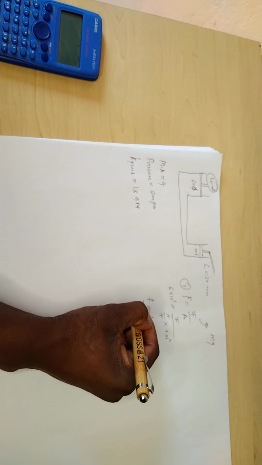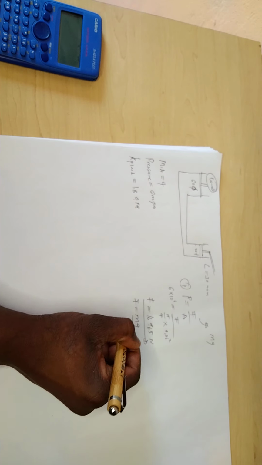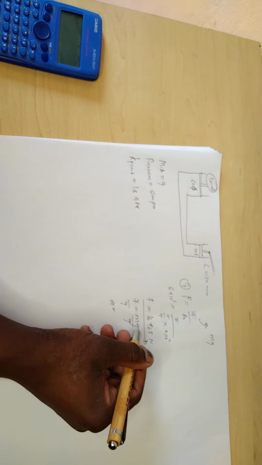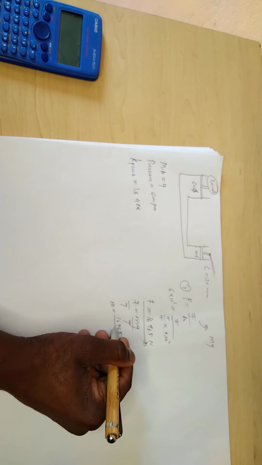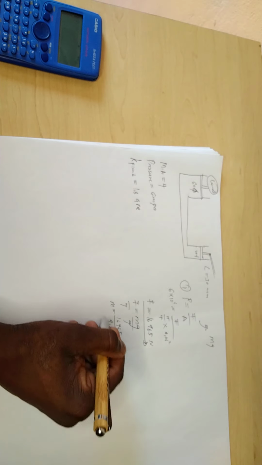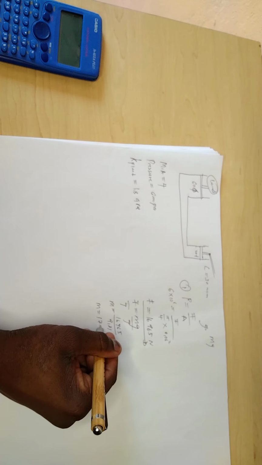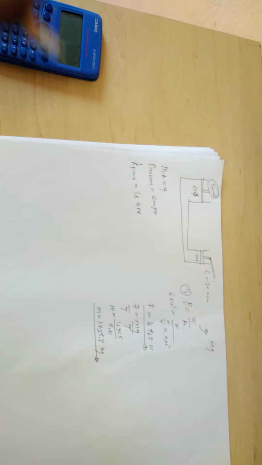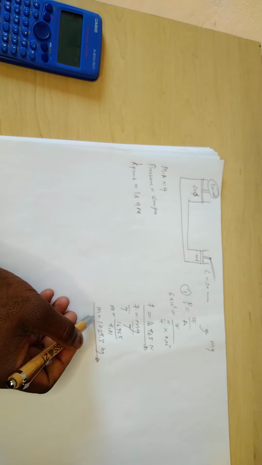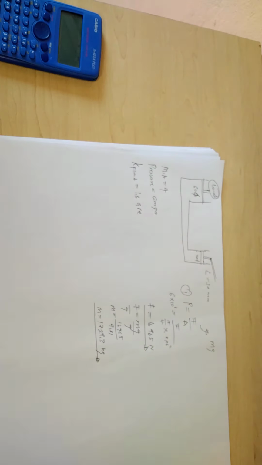Then we say force equals mg, so we divide by g. Our mass equals 16,965 divided by 9.81, which gives me 1729.3 kg. So this is our mass. We got the mass that the jack is going to carry.